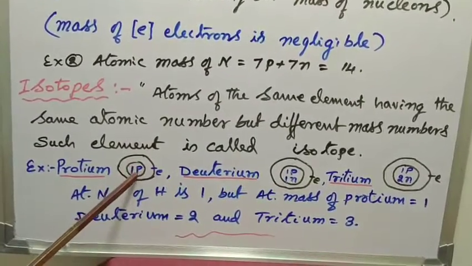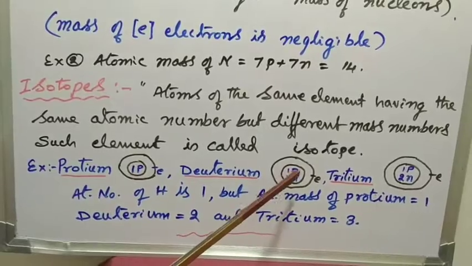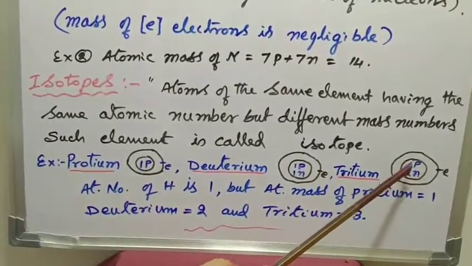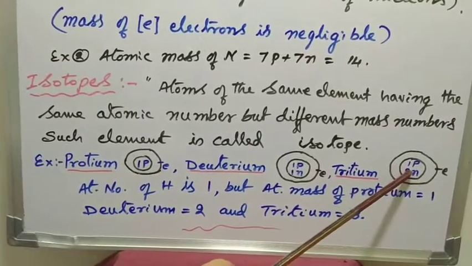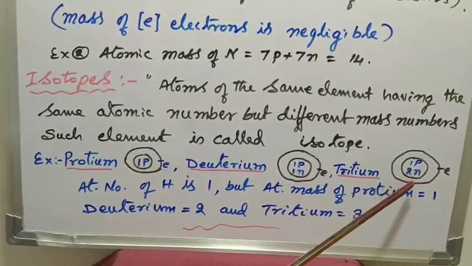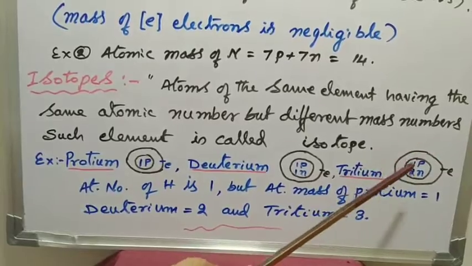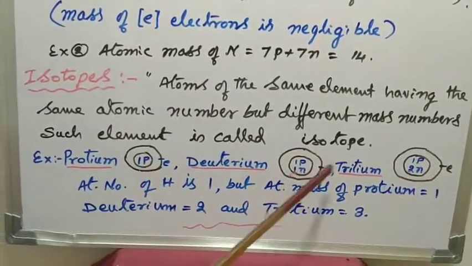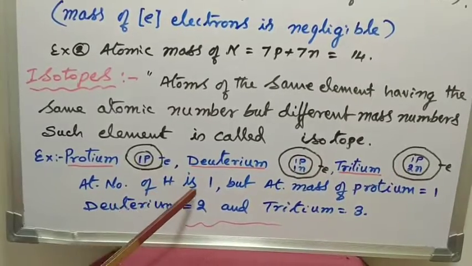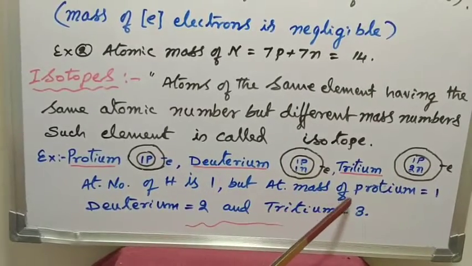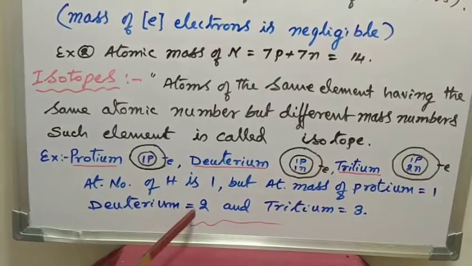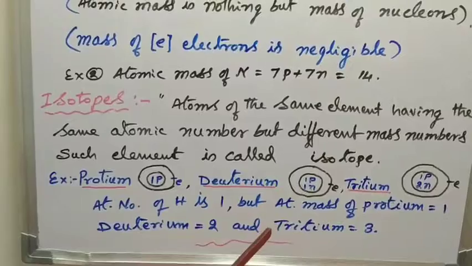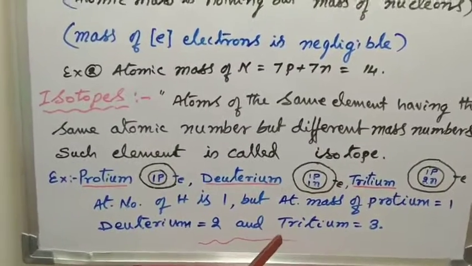Here the atomic mass is 1, here the atomic mass is 2. Come to tritium: the nucleus contains one proton and two neutrons. Atomic mass is 3, but the atomic number is 1. Electron is also 1. Such masses are different. The atomic number of hydrogen is 1, but the atomic mass of protium is 1, deuterium 2, tritium 3. Such elements are called isotopes.